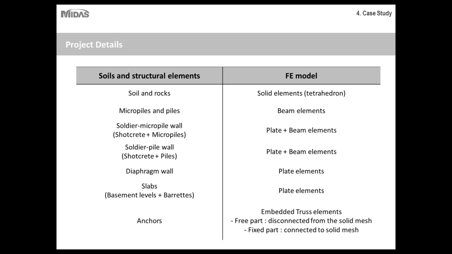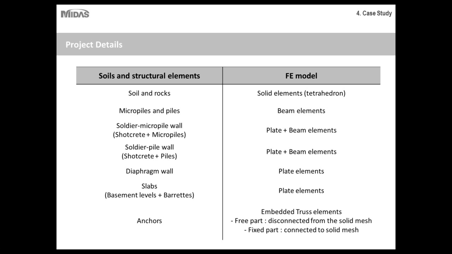For soil and rock, we used solid elements. For micropiles and piles, we used beam elements. For a soldier micropile wall, which is a combination of shotcrete and micropiles, we used a plate and beam element combination. Similarly for the soldier pile wall, we used a plate and beam element combination.